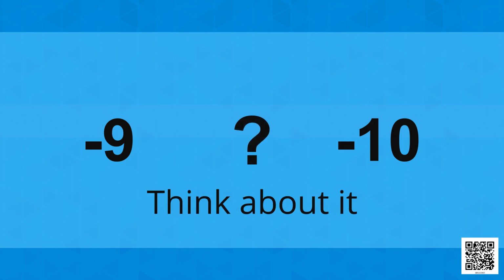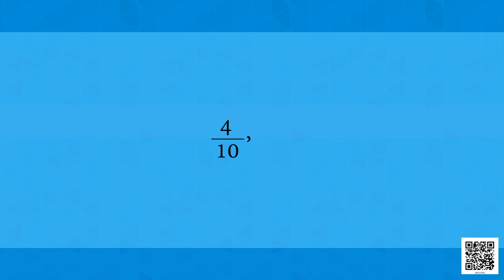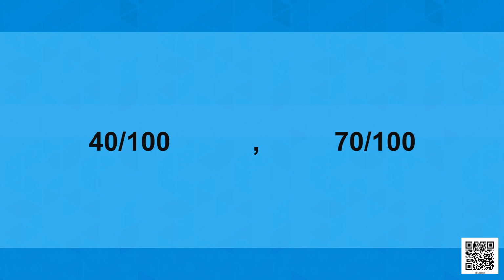Think about it. Now let us take two rational numbers, say 4 upon 10 and 7 upon 10. It's very easy to note that 5 upon 10 and 6 upon 10 lie between 4 upon 10 and 7 upon 10. But if I write these given rational numbers as 40 upon 100 and 70 upon 100, can we do that?